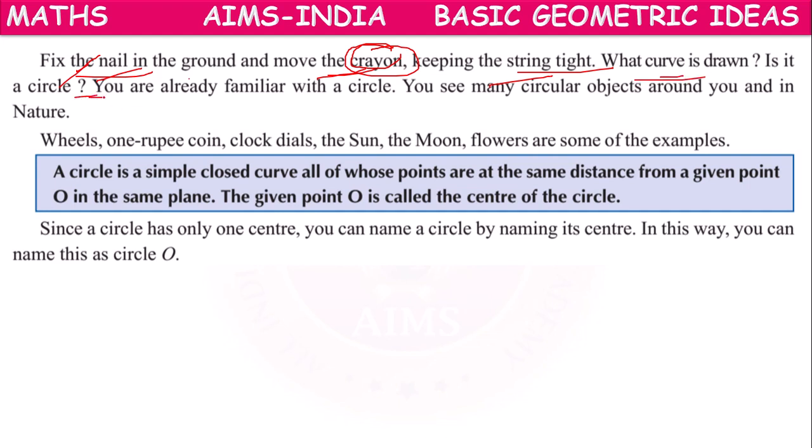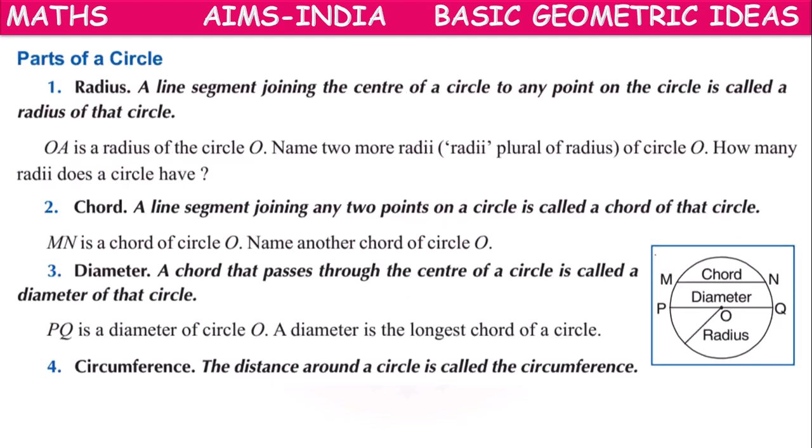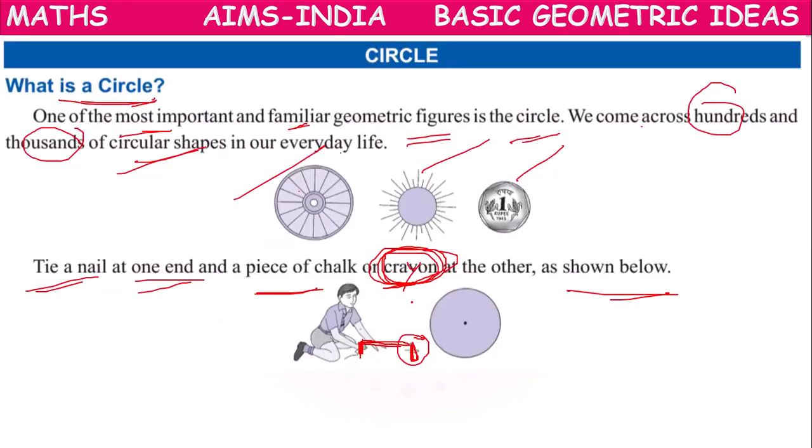Is it a circle? Yes, you can observe a circle. If you fix the nail into the ground and move this chalk piece around with the string tight, then you will get the shape of a circle. This middle point will be the fixed point of the nail, the center of the circle.